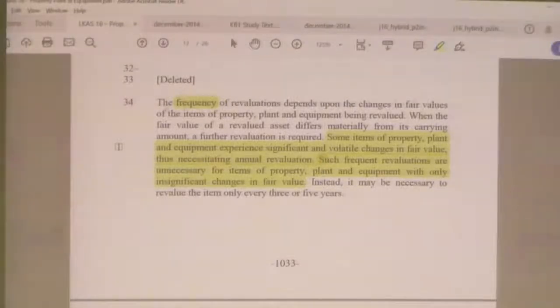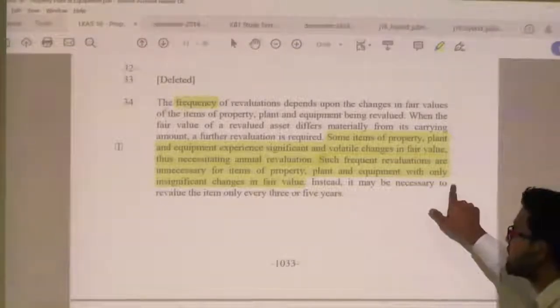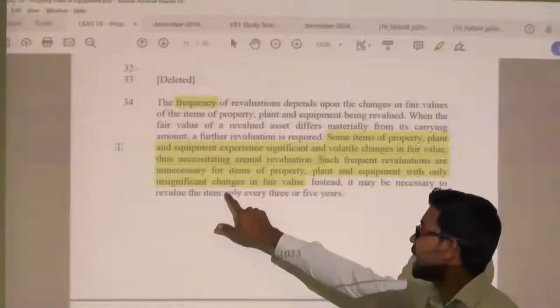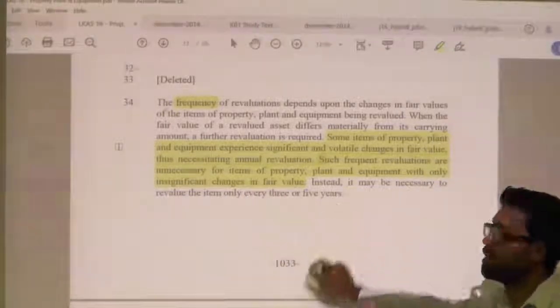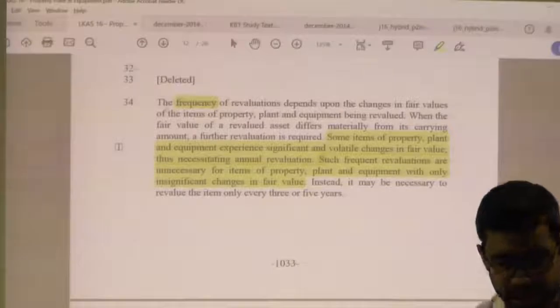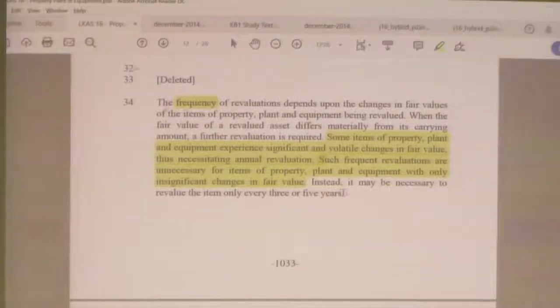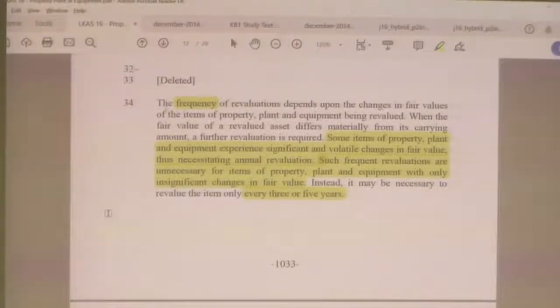Instead, it may be necessary to revalue the item only every 3 or 5 years. Underline the words 3 year or 5 year.